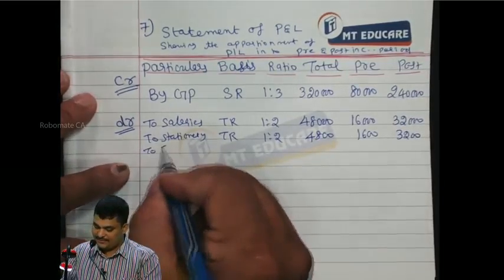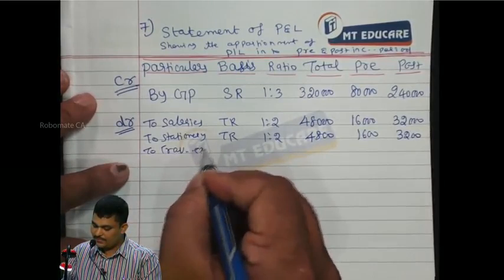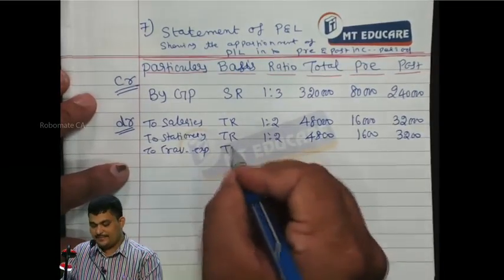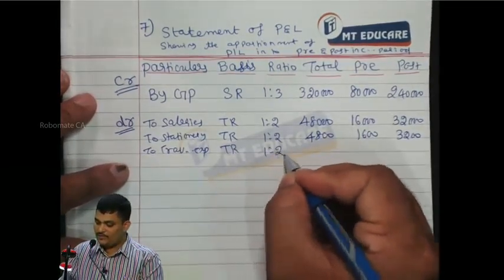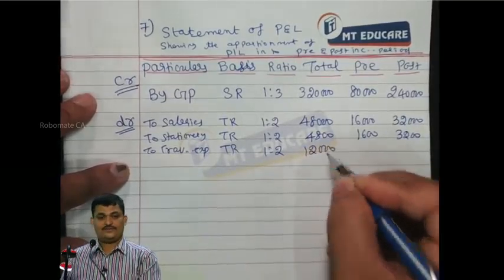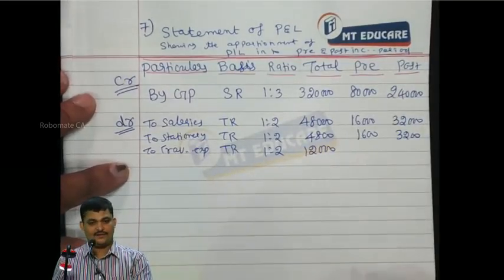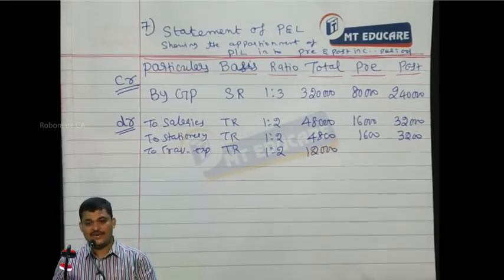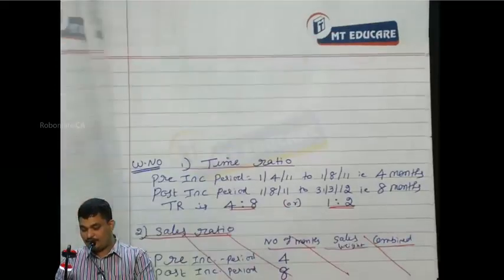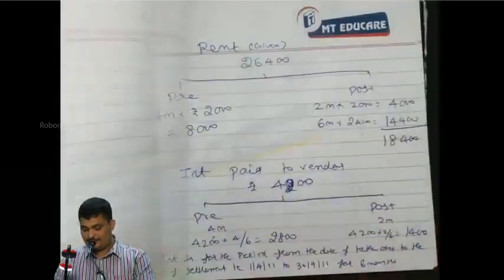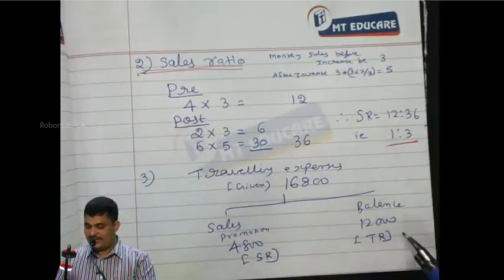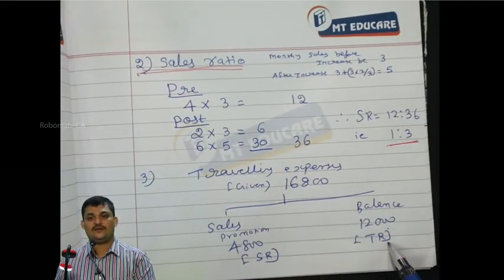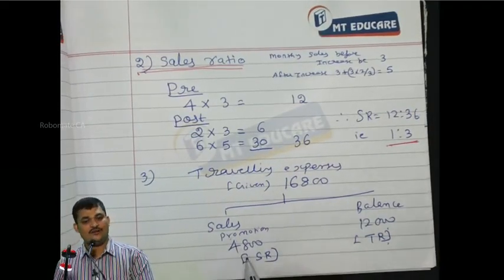Traveling expenses. Traveling expenses time ratio 1:2. 12,000. Correct? Respond. So we understand 16,800 was there. But in our working note number 3, 4,800 is based on sales.